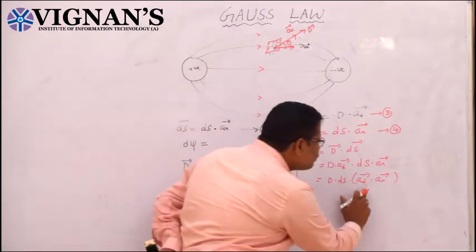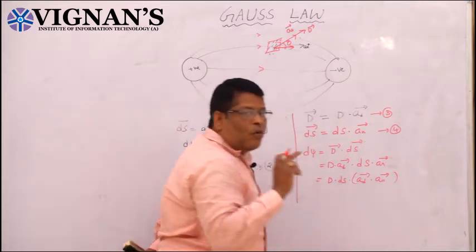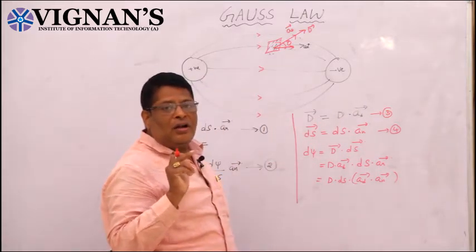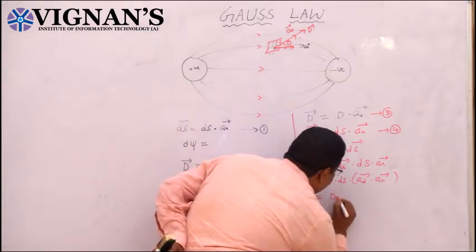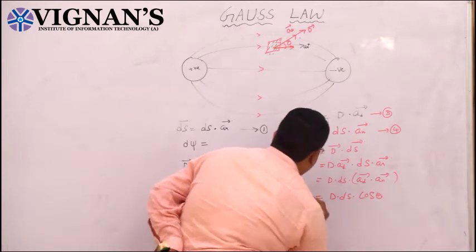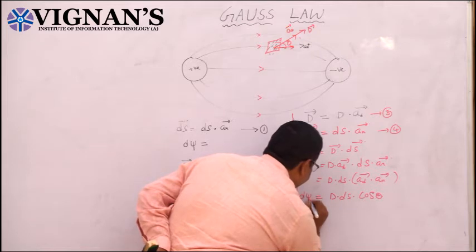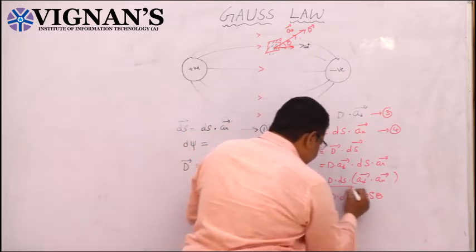The angle between these two vectors is theta. So this value becomes 1 into 1 into cos theta. So d psi equals D into dS into cos theta. This is a very, very important relation.